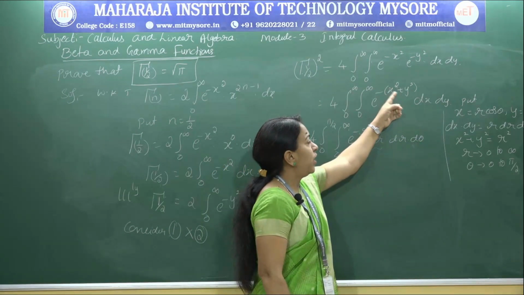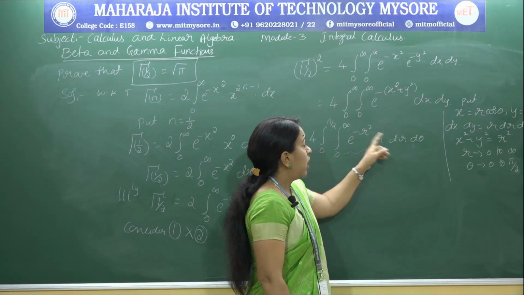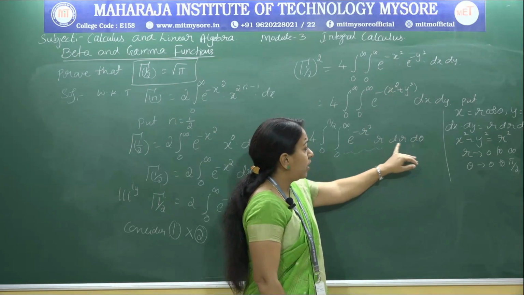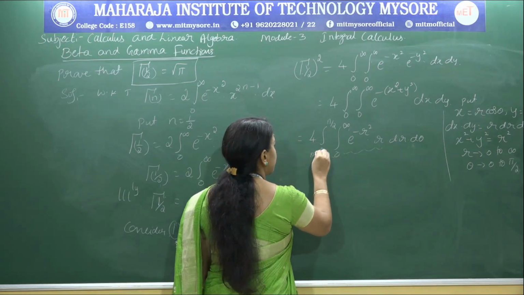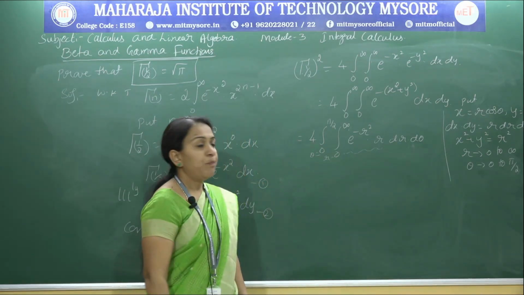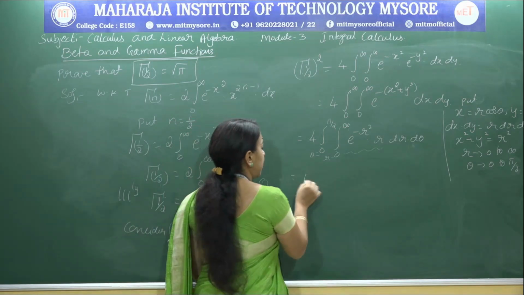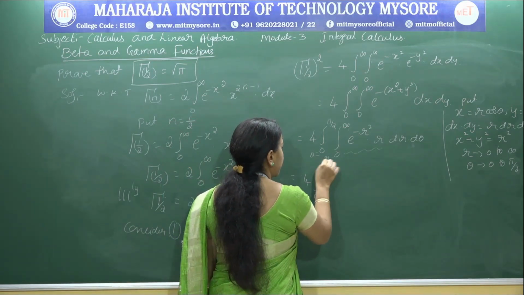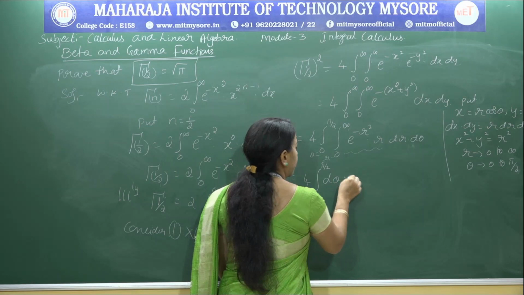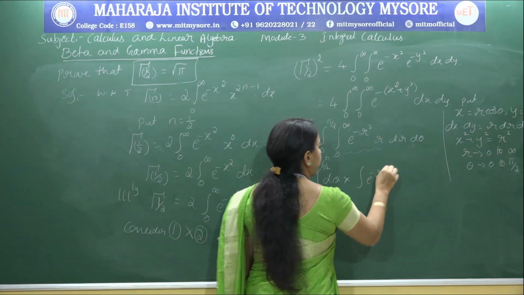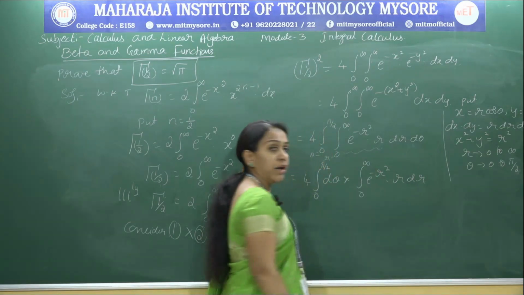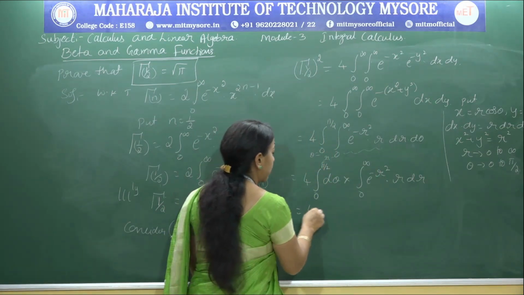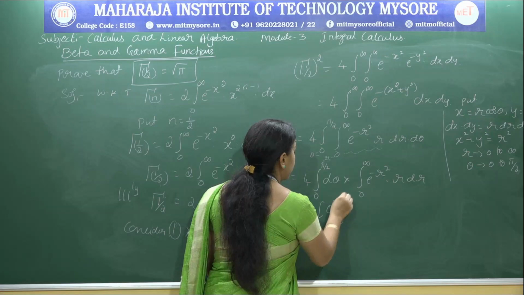So if I replace x square plus y square by r square and dx dy by r dr d theta, and the limit of r is 0 to infinity and theta is between 0 to pi by 2, we are left with this, or I can split it like this: integral 0 to pi by 2 d theta into integral e power minus r square r dr between the limit 0 to infinity, so that 4 times theta between the limit 0 to pi by 2.